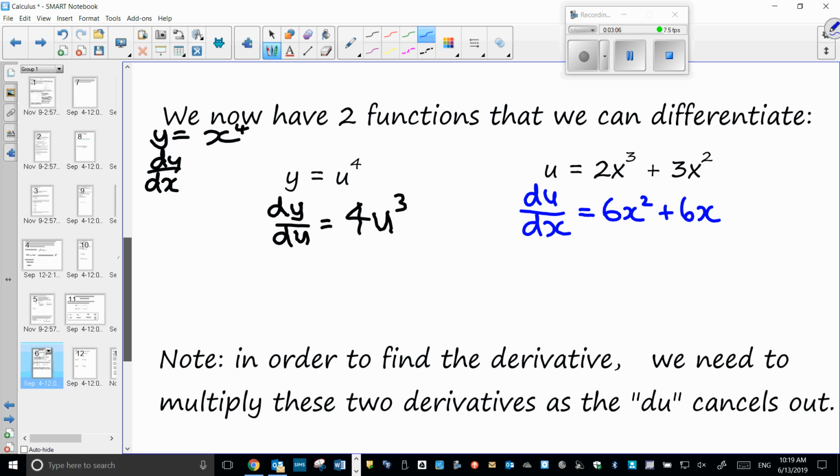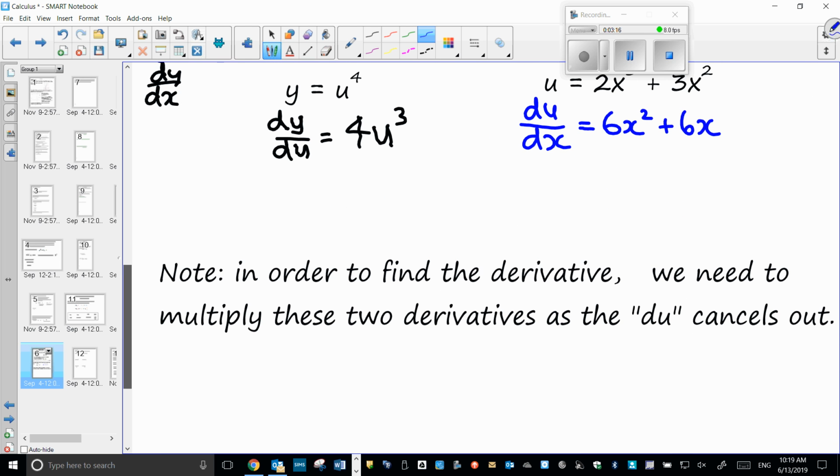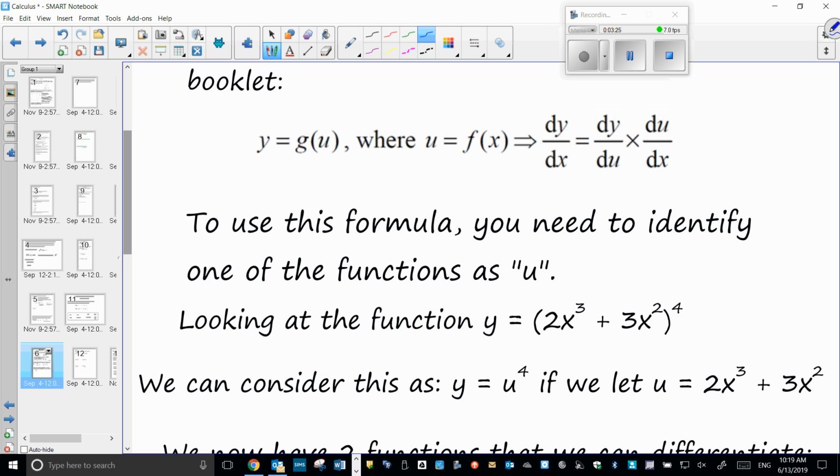Now what have I written? We've got two expressions here. We've said that dy du is this, and du dx is this. In order to find dy dx, we're going to multiply these two things together.